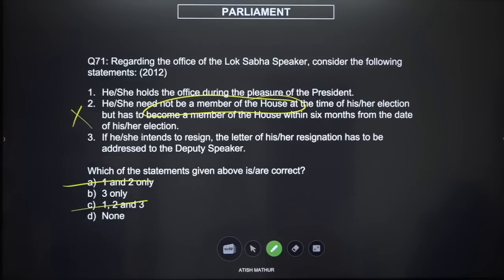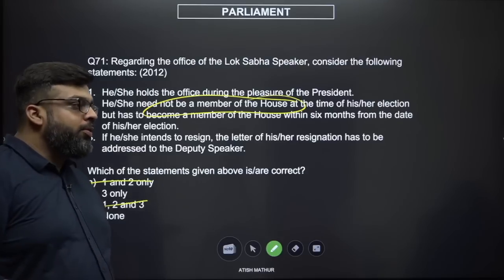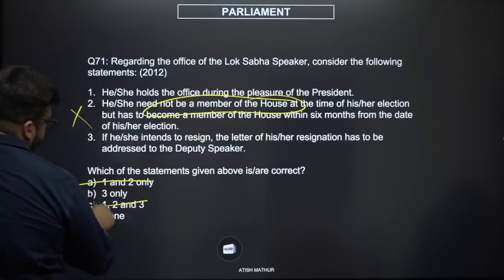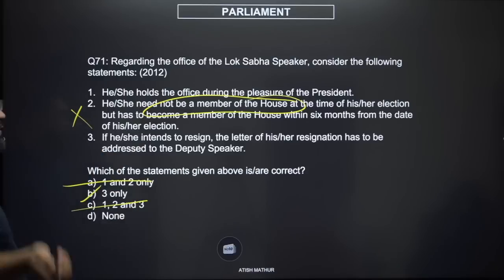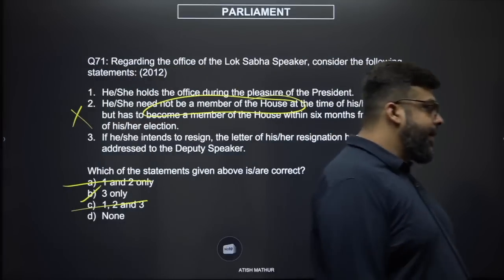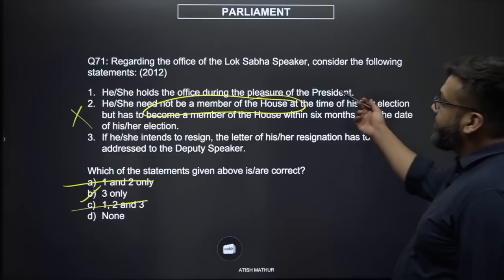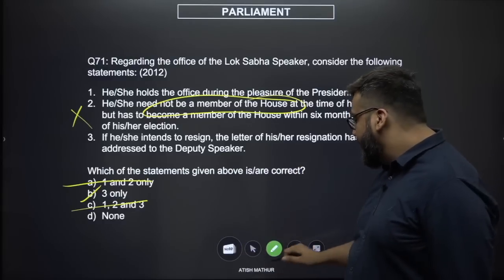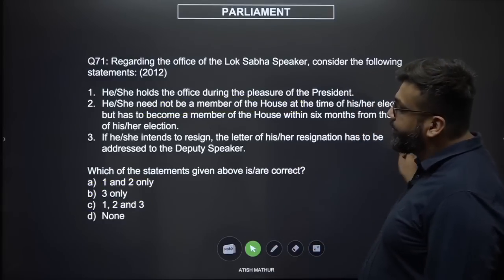The only option that you're left with is either none of them are true, but if the person has to resign, the person has to resign by submitting the resignation to the deputy speaker, and therefore the answer is B, because the speaker resigns to the deputy speaker, the deputy speaker resigns to the speaker, right? You can't hold the office at the pleasure of the president because that would violate separation of powers and the democratic mandate of the houses.